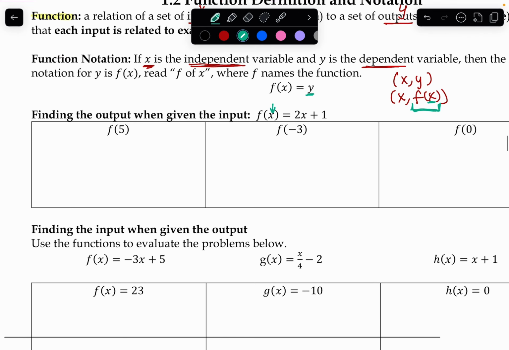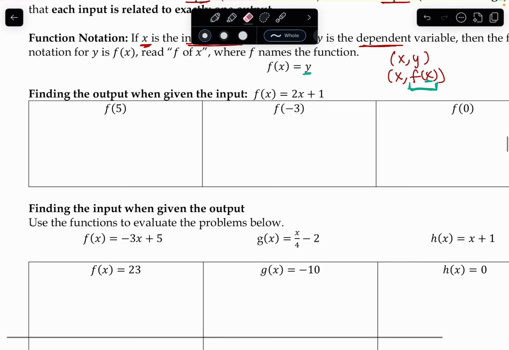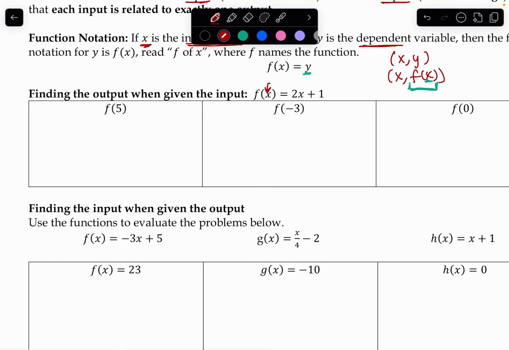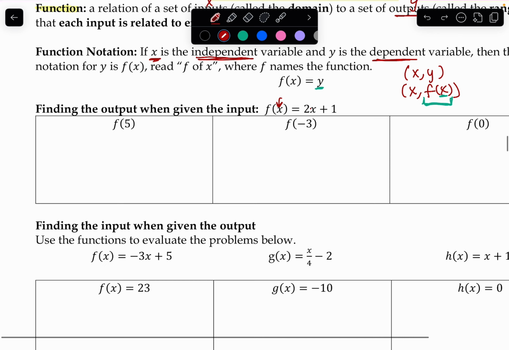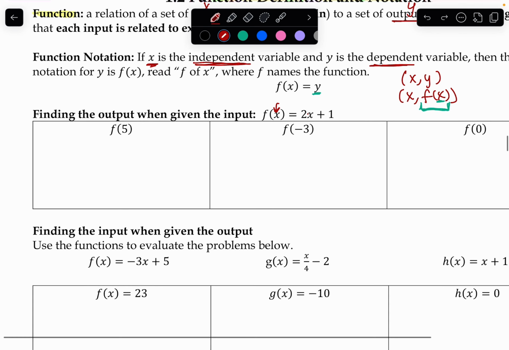Okay, looking at an example, we have a function that takes x as its input variable, and the rule says multiply by 2 and then add 1, and that's going to give us our output. We're going to find the outputs for each of these inputs. So f of 5 means x is 5.